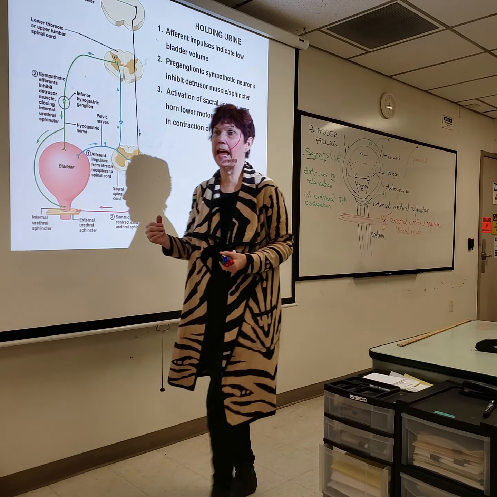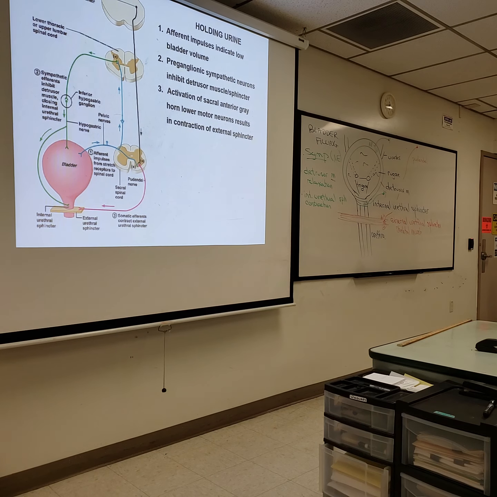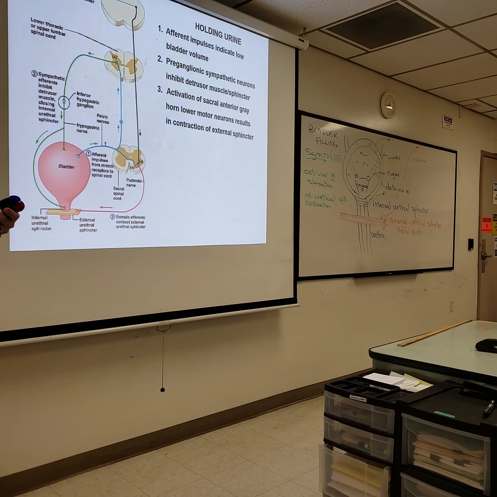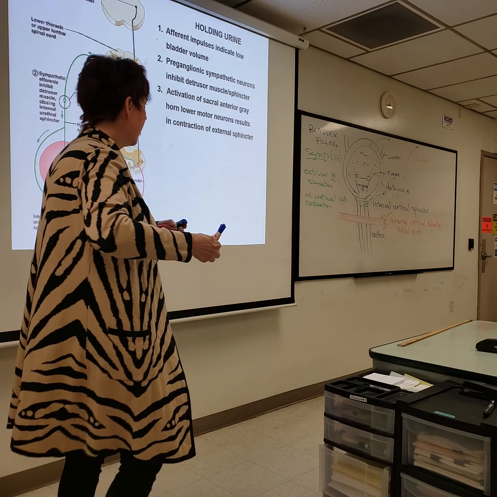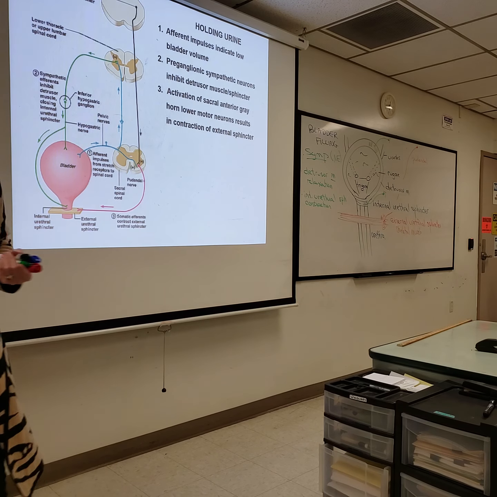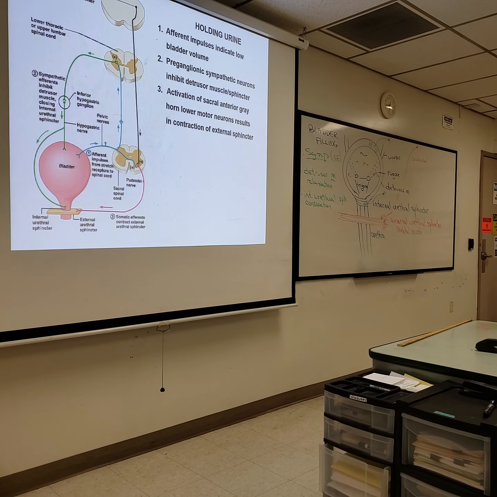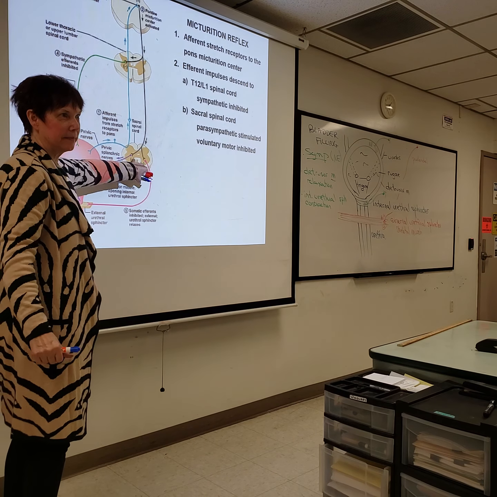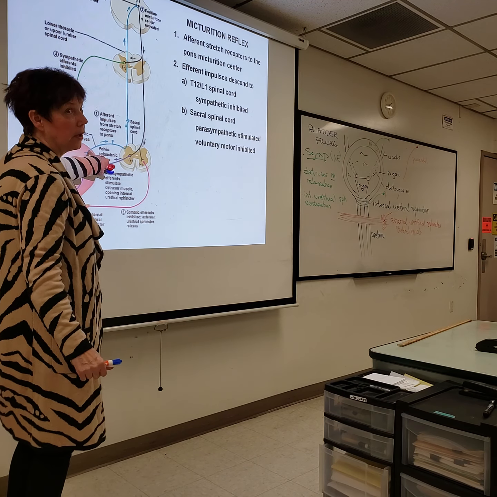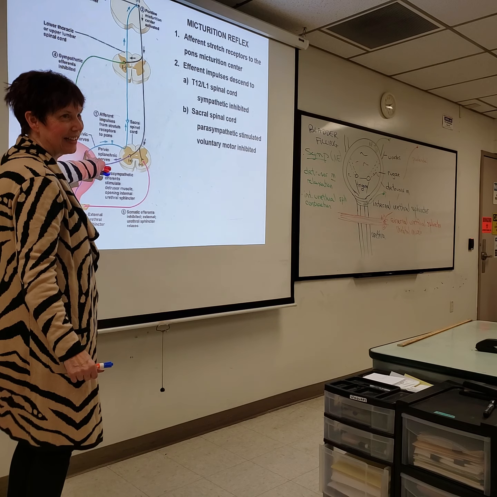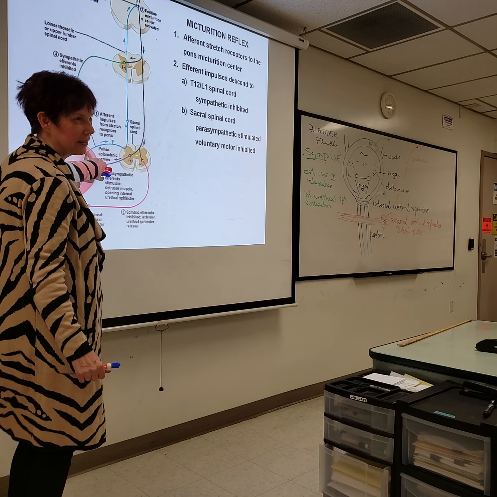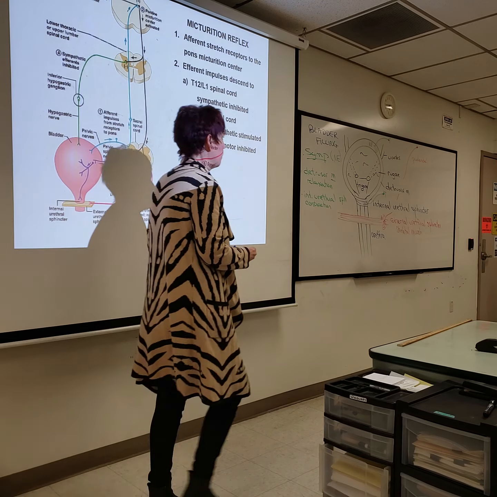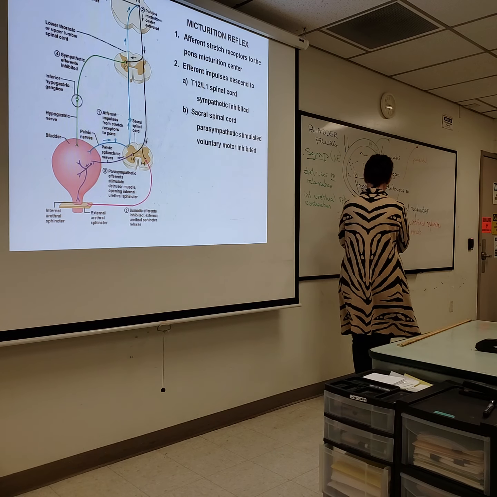Then as the bladder fills, it's going to be stretching the detrusor muscle. Okay? And that's going to affect the activation of stretch sensory components. Those are also going to travel in the pudendal nerve, since a neuron for stretch is going to travel in the pudendal nerve.